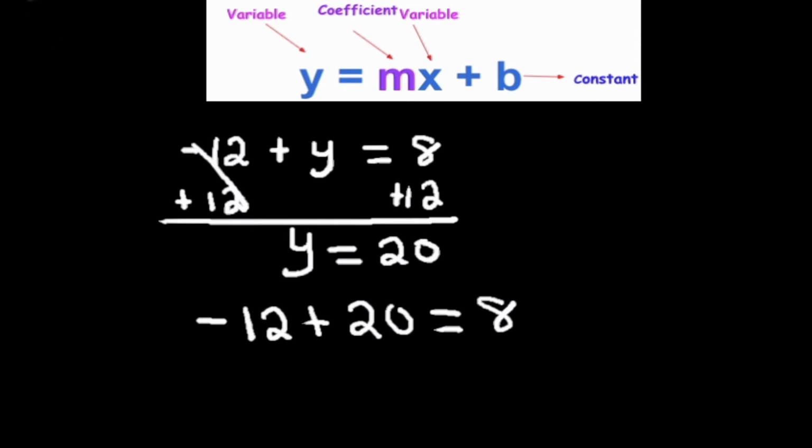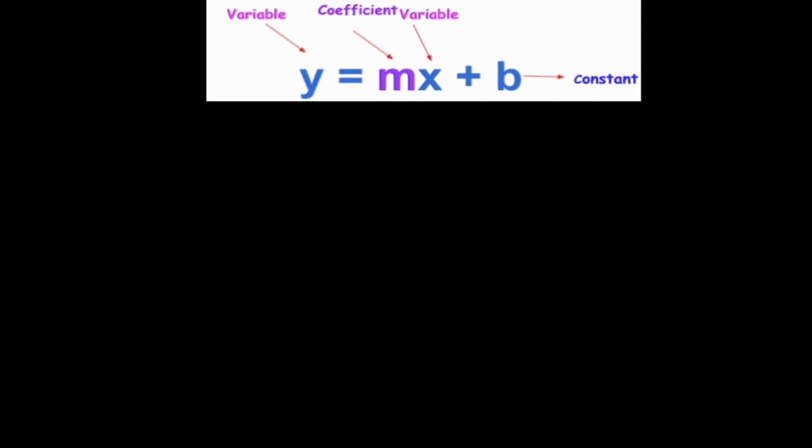Okay, so let's go ahead and move on with another example here. So for this example, we're going to solve by multiplication. So let's say that you're given the equation y divided by 8 equals 12.